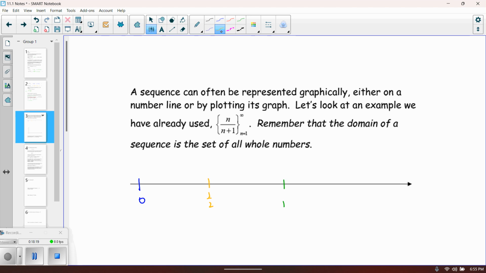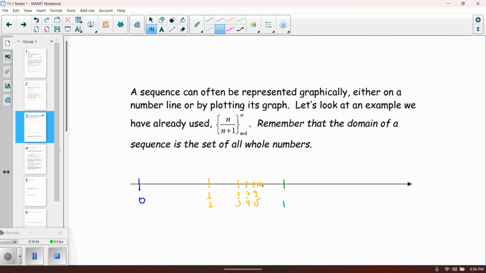So 2/3 is going to be 2/3 of the way up, maybe right there. 3/4, that's going to be halfway in between the half and the 1. 4/5, maybe right about here. 5/6, and so on. I'm not going to be able to keep writing the numbers in here.